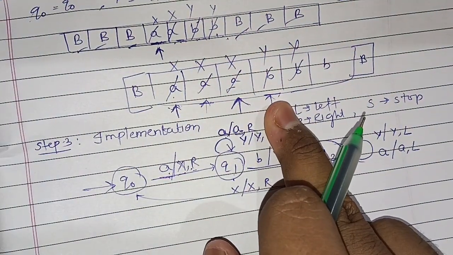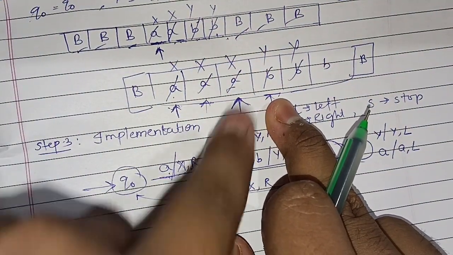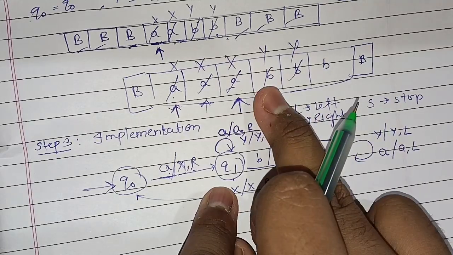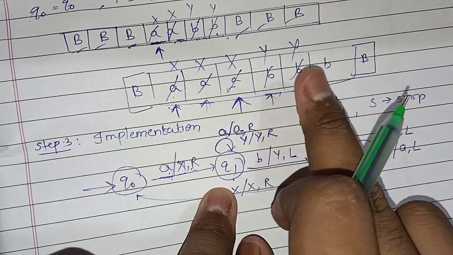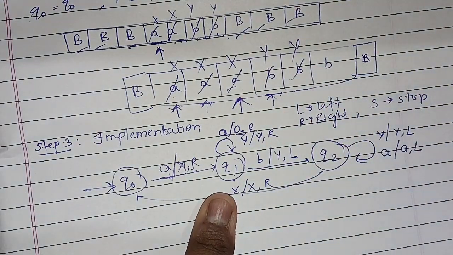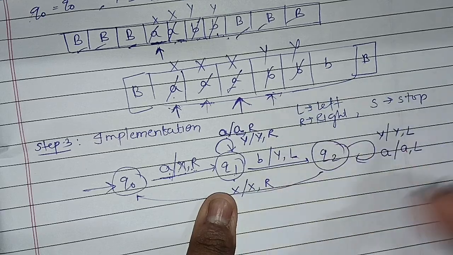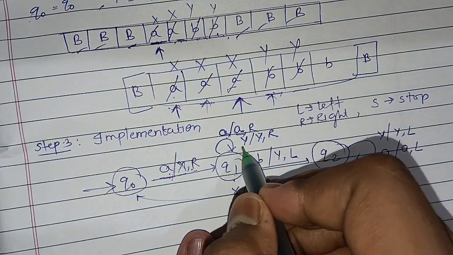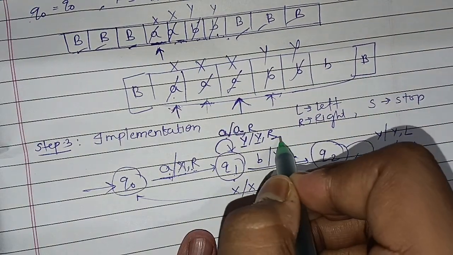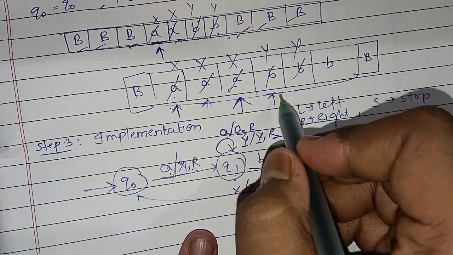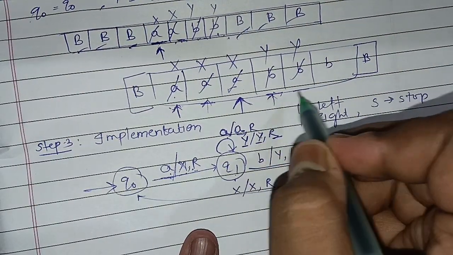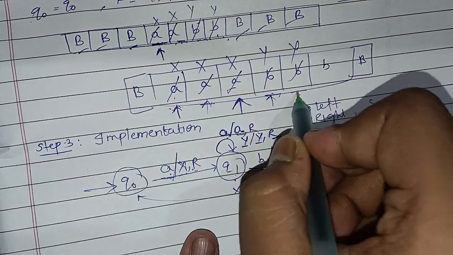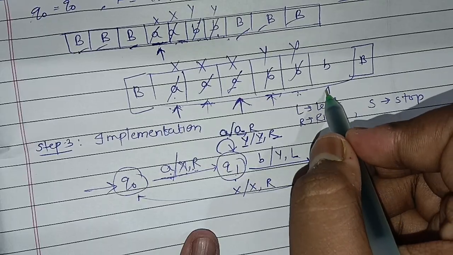Now head is pointing here. Now see, in q1 it is receiving y, and I know the b will come always right of y. So if you receive y, keep it y and move right. So it has got y, keep it y, move right. Again y, keep it y, move right.